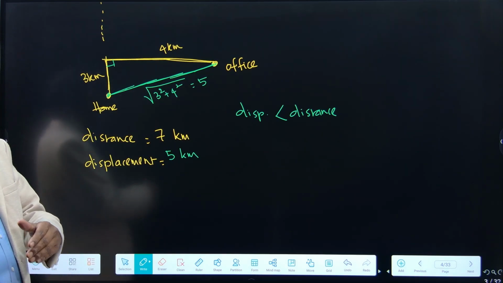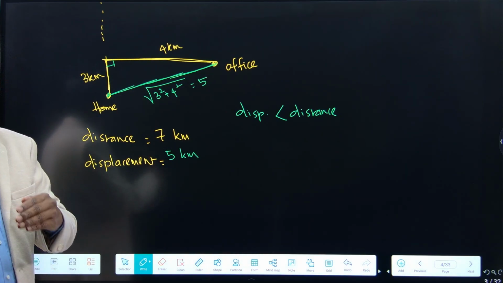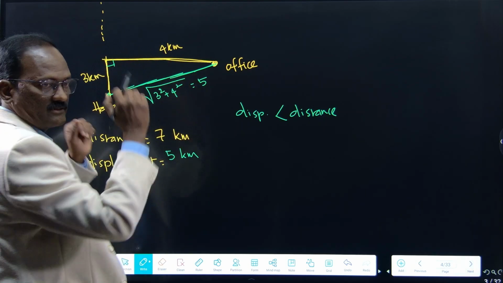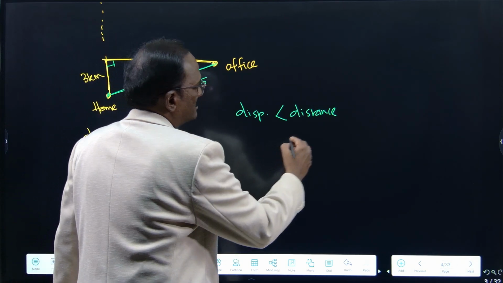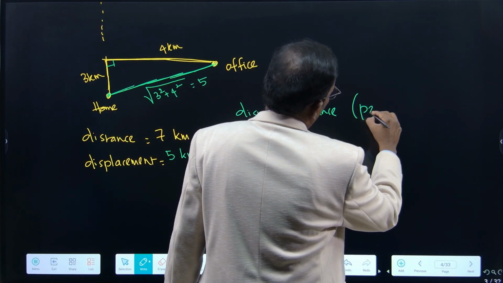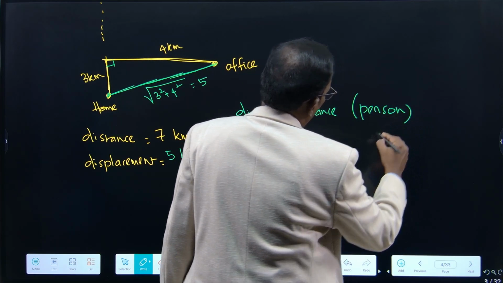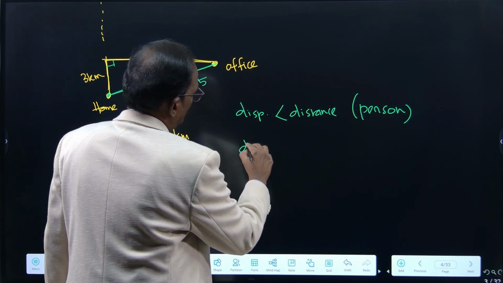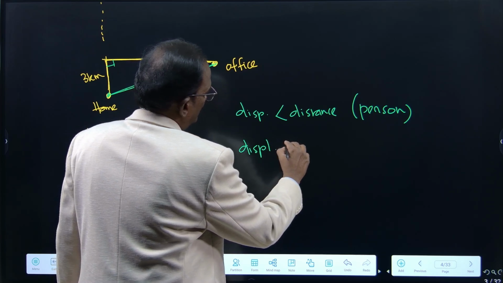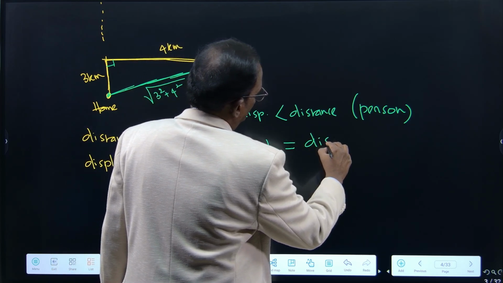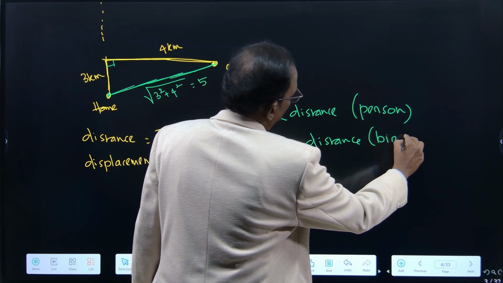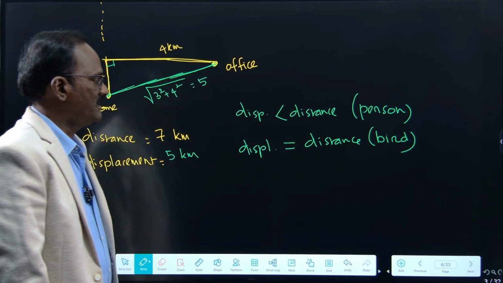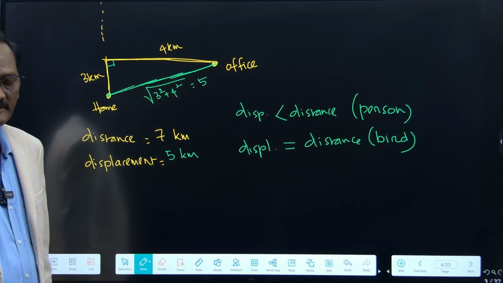The bird's path is this line. In this case, this is for the person. For the bird, displacement is equal to distance.